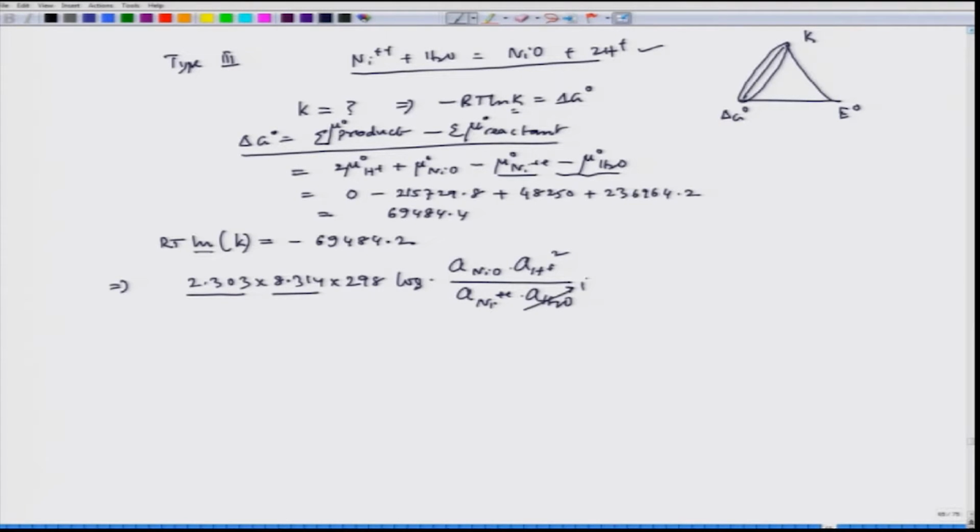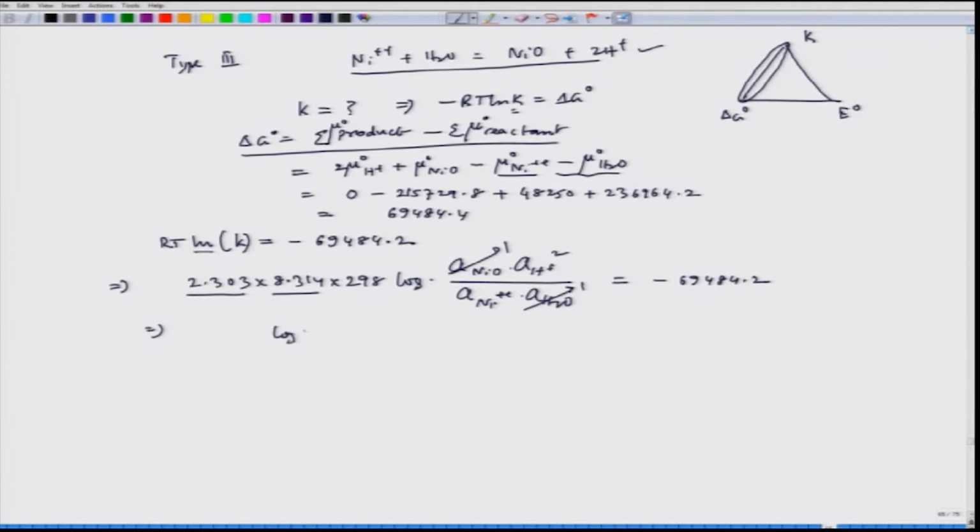So, this goes to 1 because these are pure substances, and now this equals minus 69,484.2.